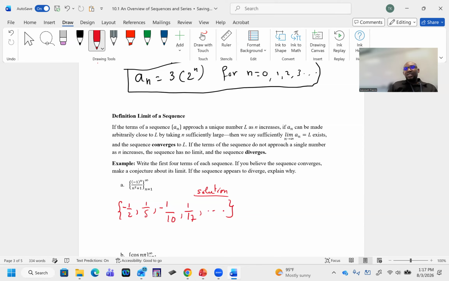So if we check, you can see the terms decrease in magnitude and approach what? Even if you sketch, we'll see the terms. The first one is -1/2, let's make this -0.5. The next one is -1 divided by 10, which is close to 0, and 1 divided by 5.